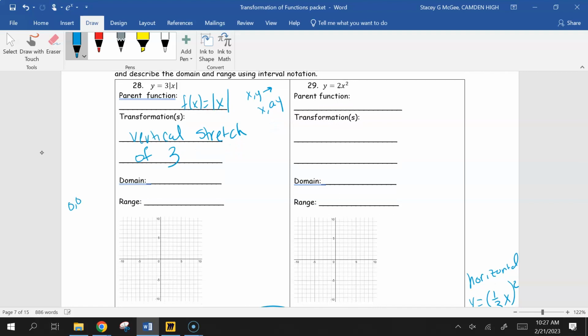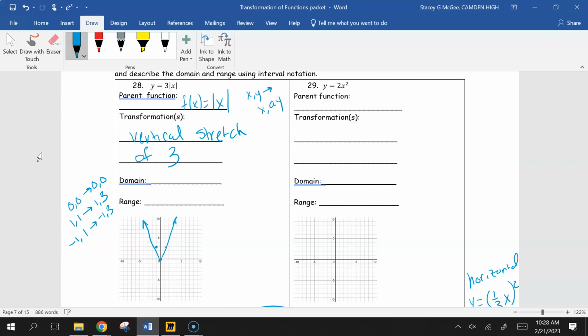So 0, 0 becomes 0, 0 still, but what does 1, 1 become? 1, 3. And how about negative 1, 1? Negative 1, 3.